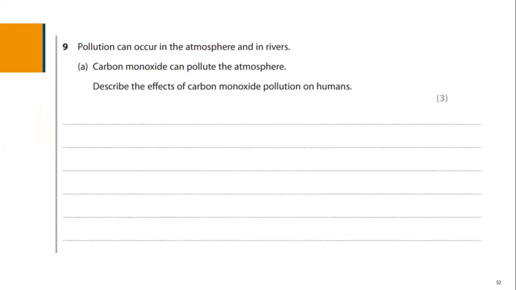Now this question is about pollution. Carbon monoxide can pollute the atmosphere. Describe the effects of carbon monoxide pollution on humans. I would again like you to put into the chat box which AO you think this is testing.